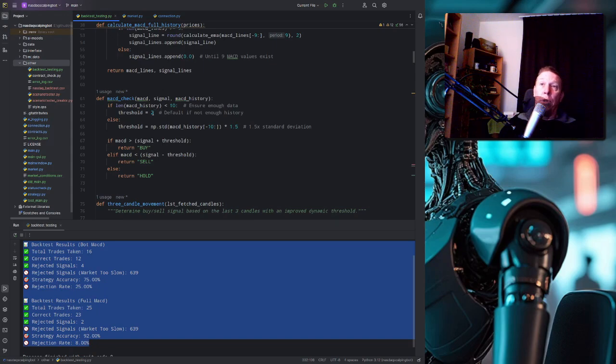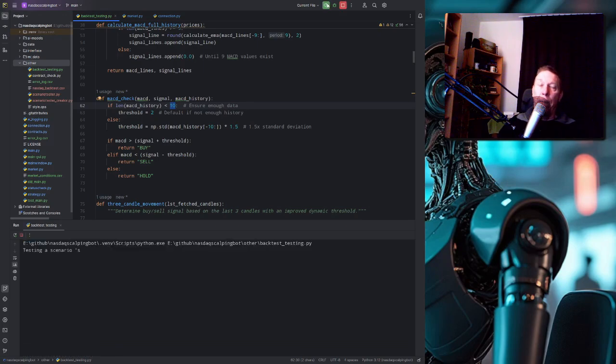The minimum threshold is 2, and otherwise something like the last 10 candles should be the threshold for the MACD. Well, we're testing, we're having fun, so have a little fun every day. Let's see how the results are with a flexible dynamic threshold for the MACD.